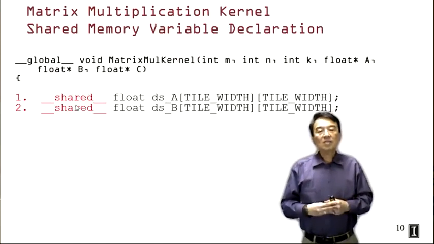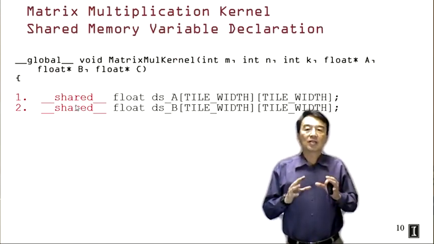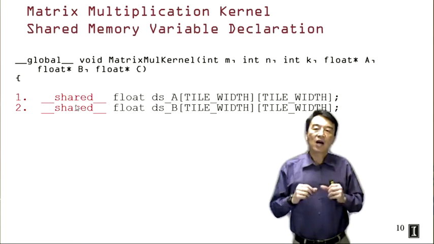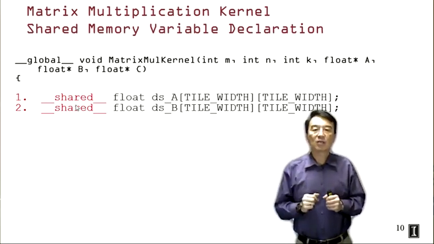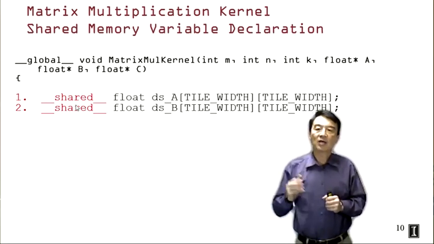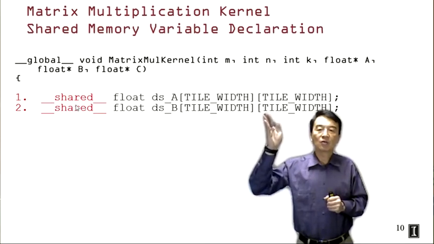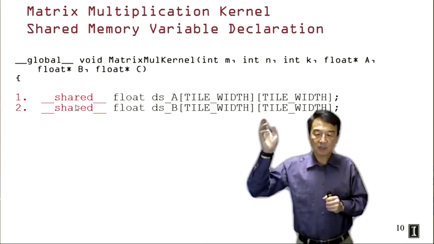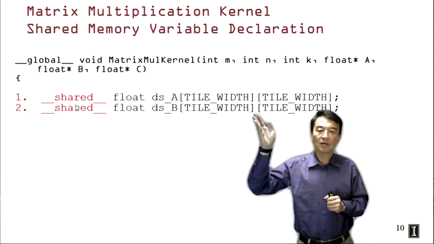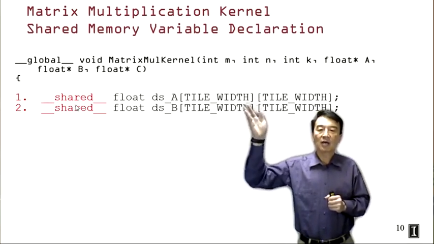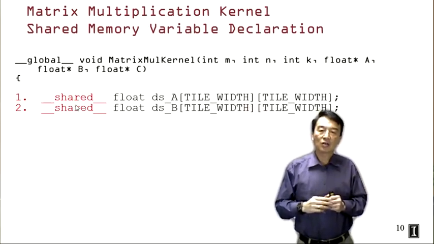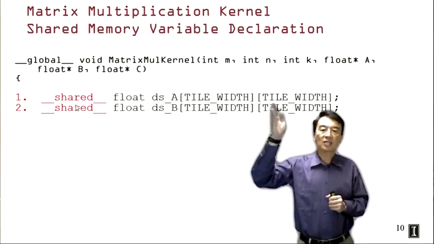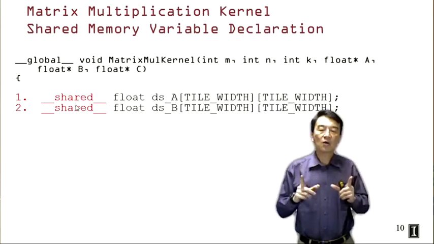Now, here is a simple example of how you can declare shared memory variables in a CUDA kernel. Here we show the matrix multiplication kernel, and we're going to have two array variables, A and B. These two arrays are going to be tile width by tile width.